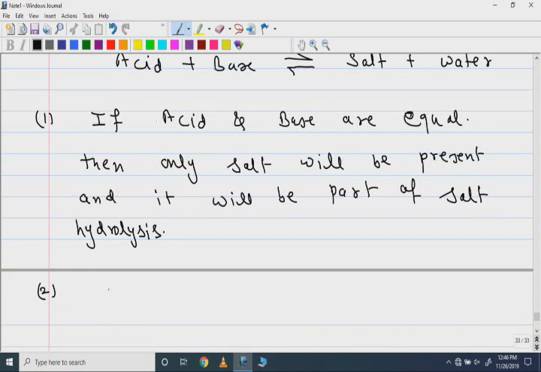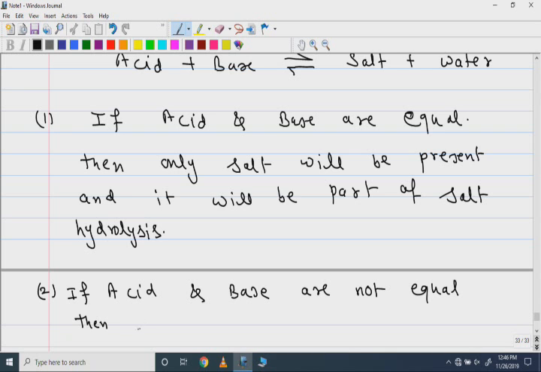Number 2, if acid and base are not equal, then a buffer solution can be found.